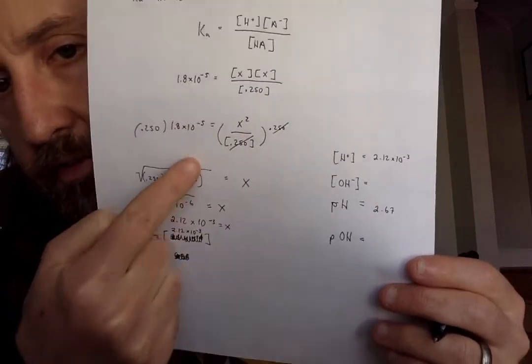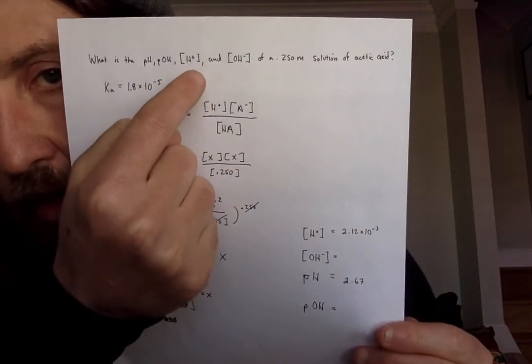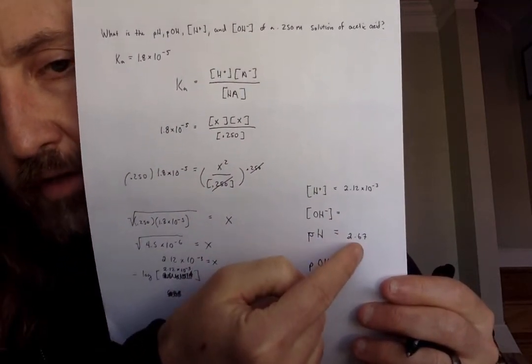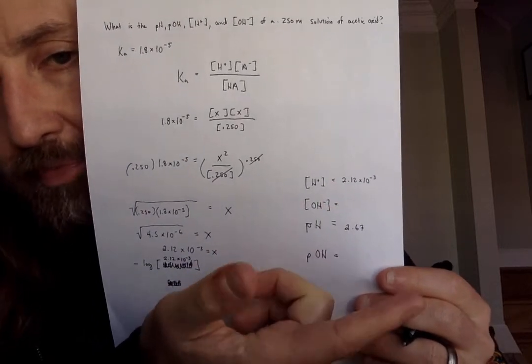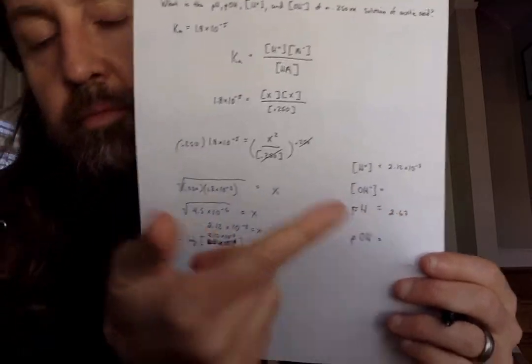I did this to find x. X is my H plus. Plug that in, take the negative log of it to get 2.67. Here, you can do it any way you want, I don't care. Let's just go 14 minus 2.67. 10 minus 7 is 3. 9 minus 6 is 3.